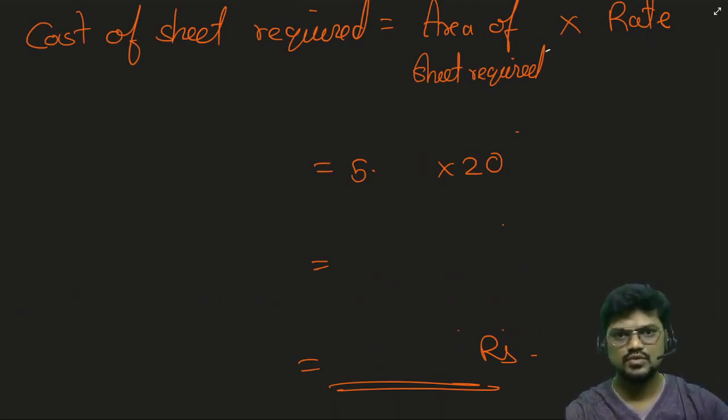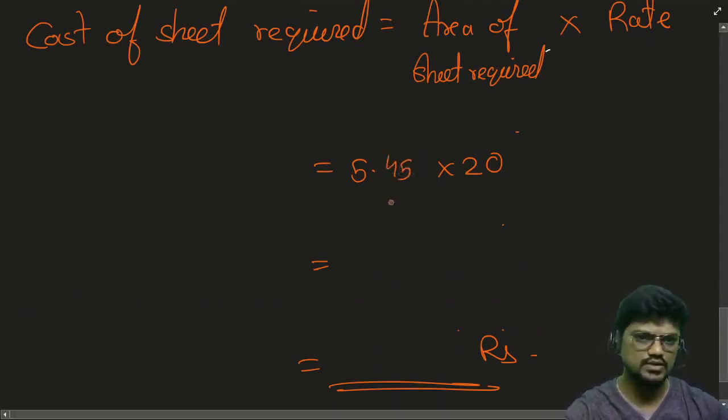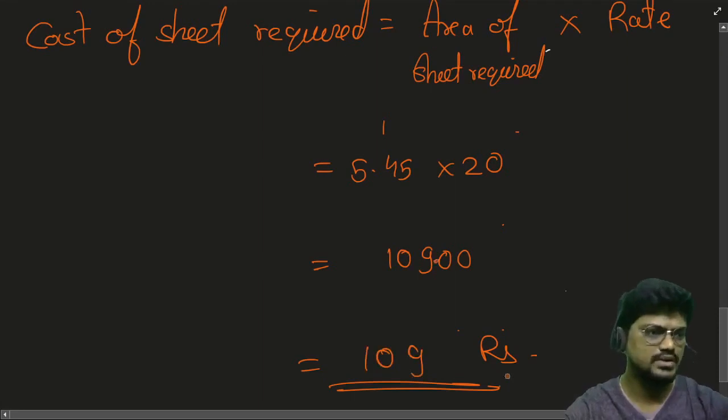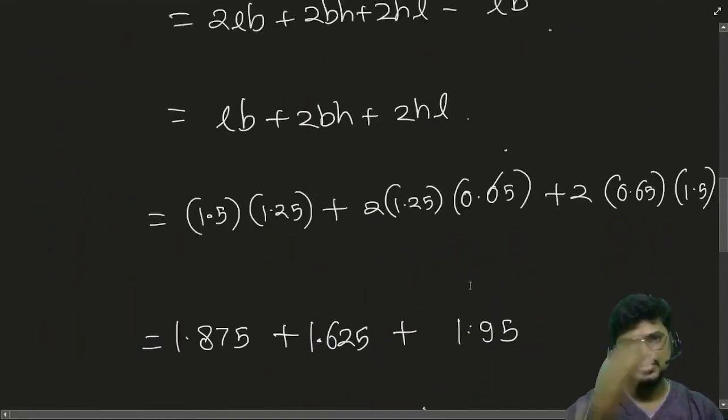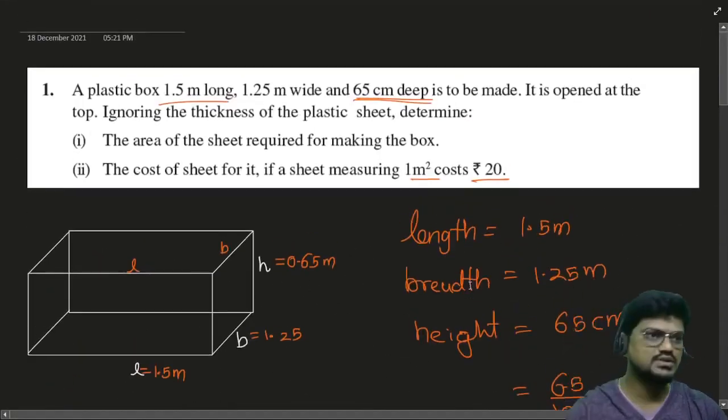Then 2 5s are 10, already 10, 2 4s are 8, 9, 2 5s are 10, and 2 decimals, so it will come over here. So the answer is 109 rupees. Got it? Okay, so this is the cost required for the sheet.